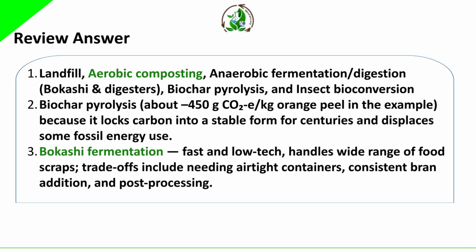For the fast and simple option, bokashi is usually best. It works in about 2 weeks, requires only a sealed container and bran, and can handle a wide range of food scraps. The trade-offs? You need airtight containers, consistent additions of bran, and you still need a post-processing step like burying the mash or mixing it into compost. So each pathway has strengths, and the right choice depends on your situation.